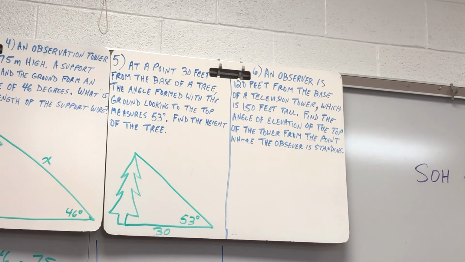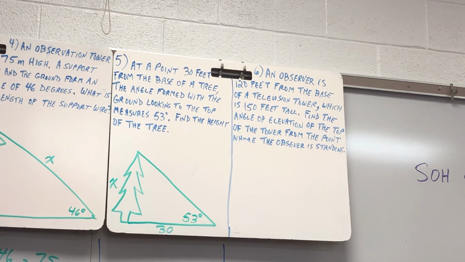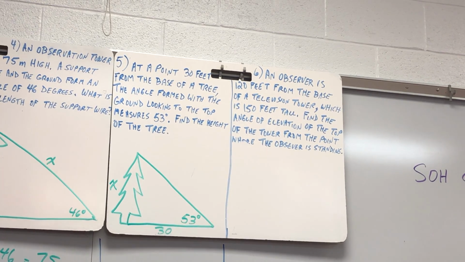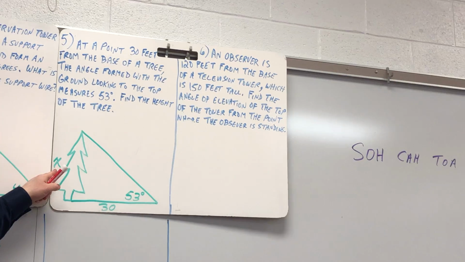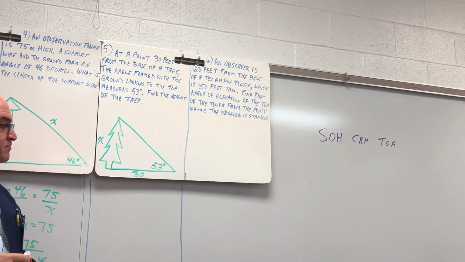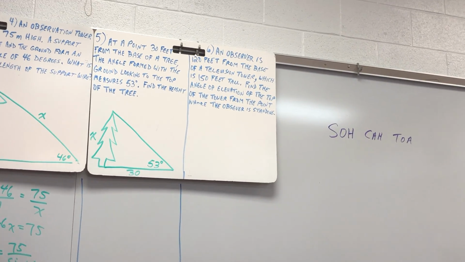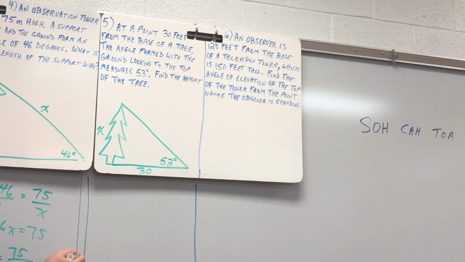Find the height of the tree. Is x opposite, adjacent, or hypotenuse? Opposite. That's right. 30 would be adjacent. What's opposite and adjacent? Tan.